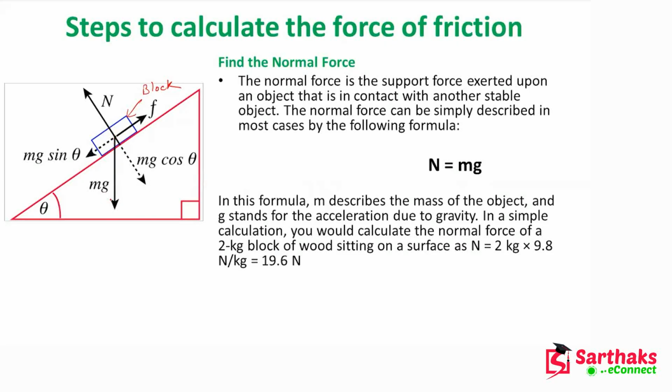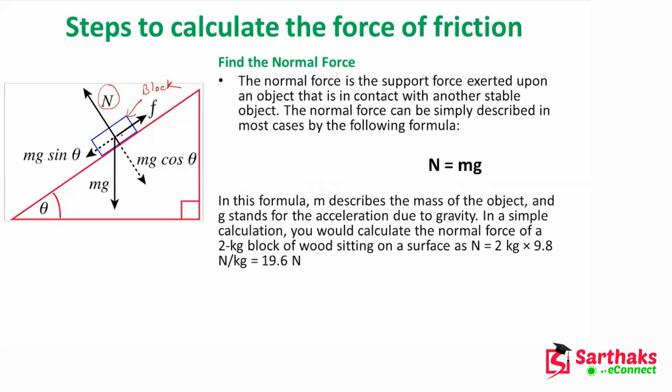The first thing, mg will be acting in this direction. Then if this is theta, this will be mg cos theta, and this will be mg sin theta. And the normal force N will be in this direction.